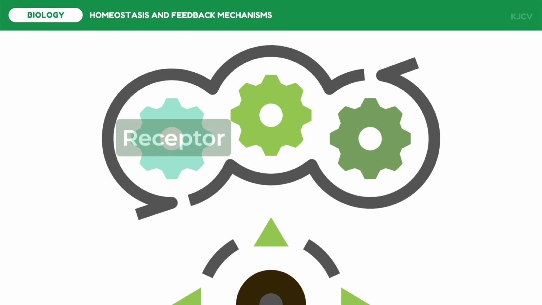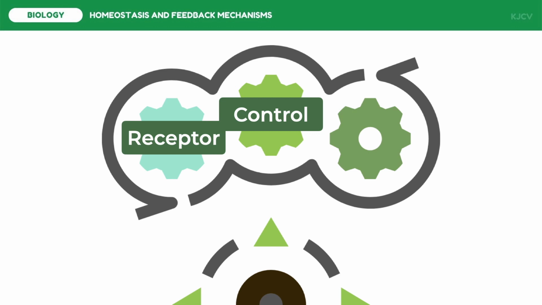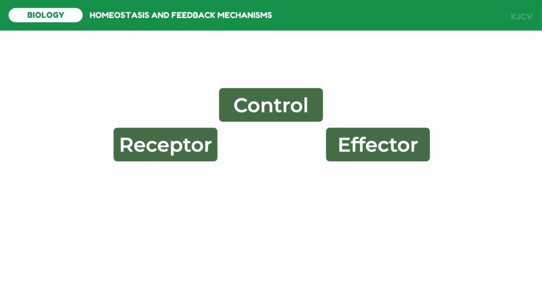First, a receptor that detects deviations from normal in the internal environmental factor that needs to be held within narrow limits. Second, a control center that integrates this information with any other relevant information. And third, an effector that makes appropriate adjustments in the activity of the body parts responsible for restoring this factor to its desired value. Working together to maintain homeostasis, these components form a feedback loop.